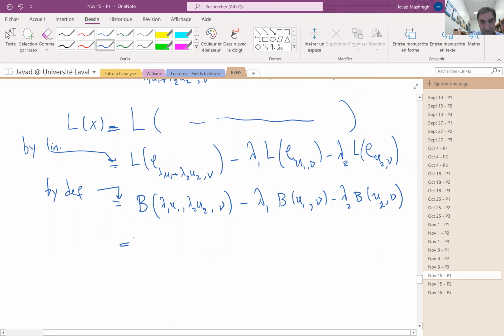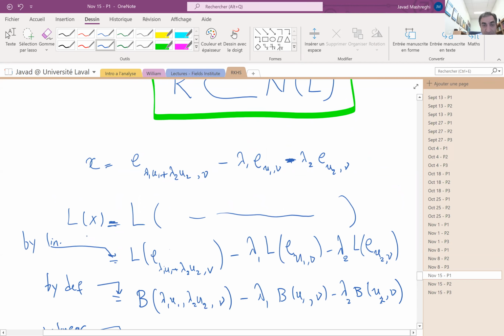And this is equal to 0 because we assume that B is linear with respect to the first component. It's bilinear. So in particular, with respect to the first component, it's linear, it becomes 0.